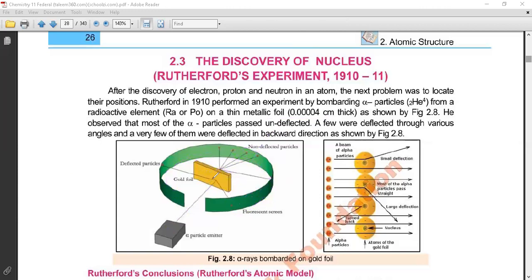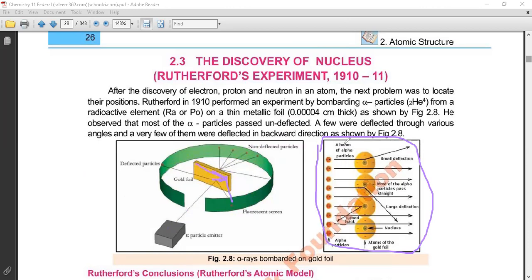Some of the radiations were deflected. Here we can see a bigger picture of the alpha particles striking the metallic foil. The metallic foil was so thin that there was almost no chance of hitting electrons in this foil.